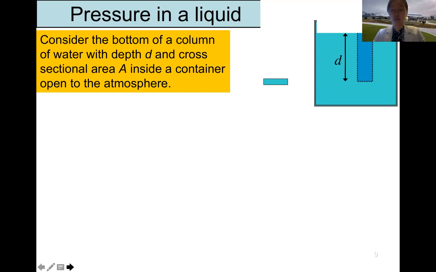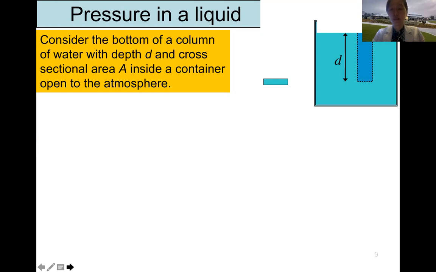Yes, there's the gravity, and we're just drawing the forces on the bottom layer, but it's for that entire column. So that entire weight of water from this column will be the gravity, the mg.